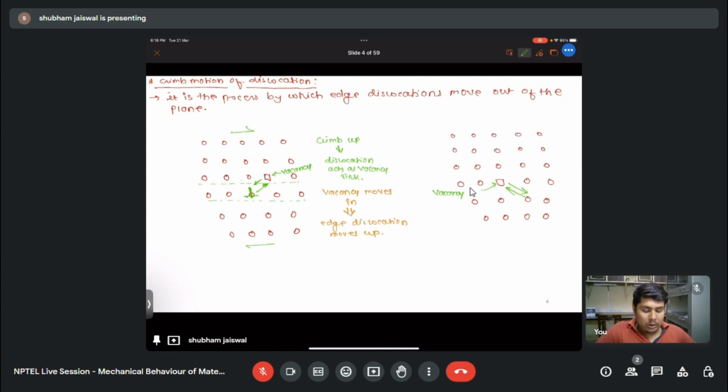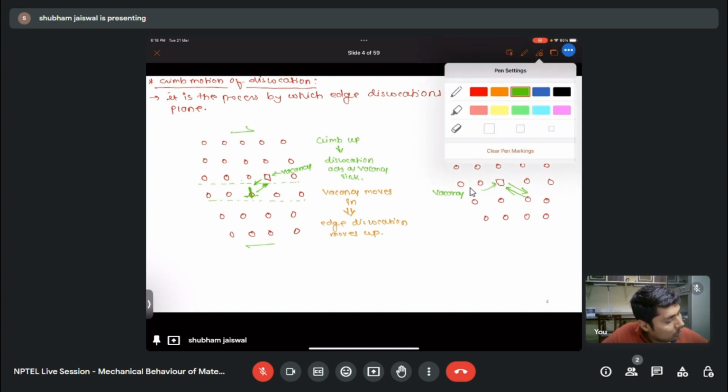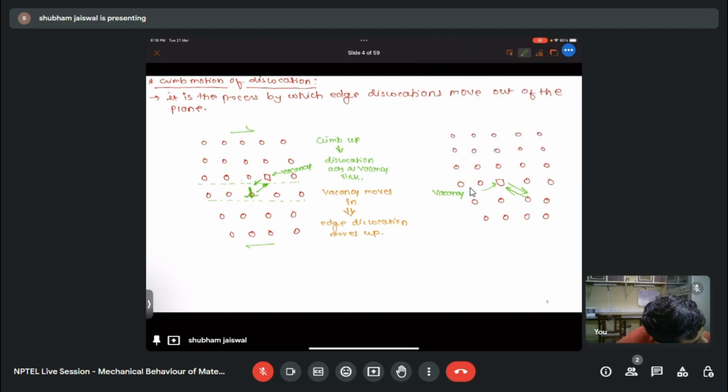Here the atom is occupying the position of vacancy and the dislocation is moving towards downside. So this is nothing but a climb down. Okay. So here in this case the dislocation acts as a vacancy source.